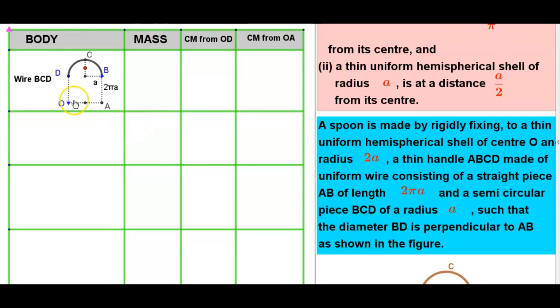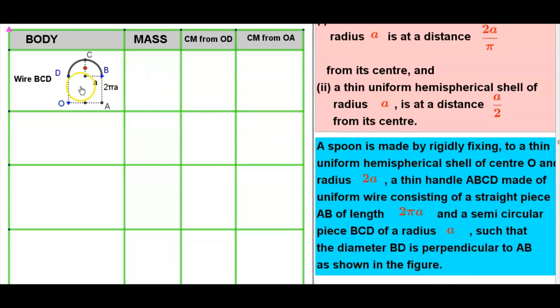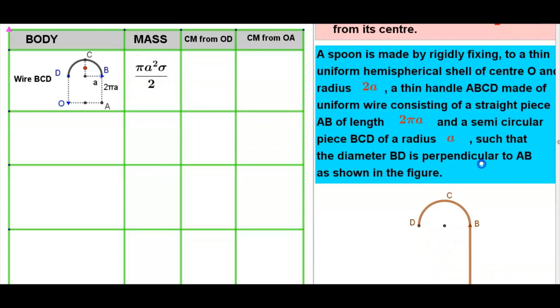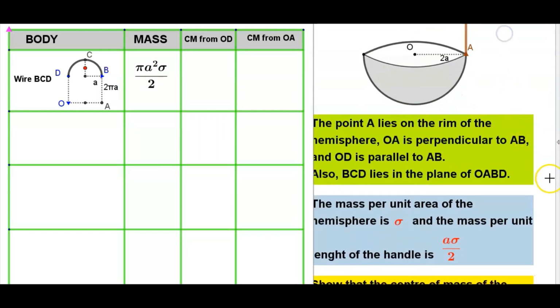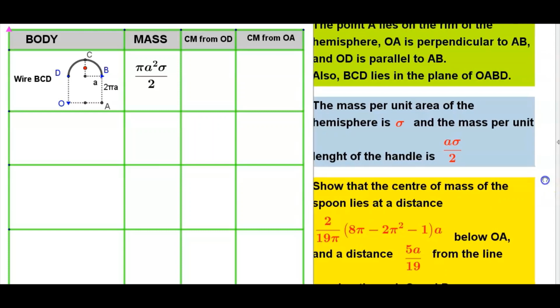The first body is this semicircular wire, the semicircular piece BCD, of radius A. The mass of this one is pi a squared sigma by 2, because we are given the mass per unit length. The mass per unit length of the handle is a sigma by 2.